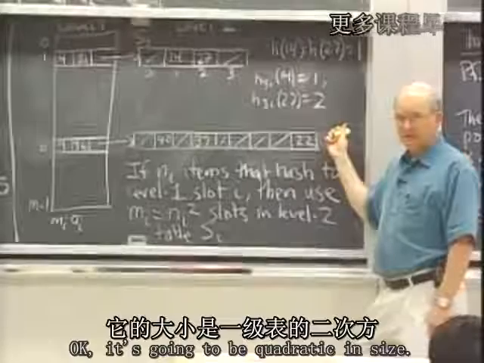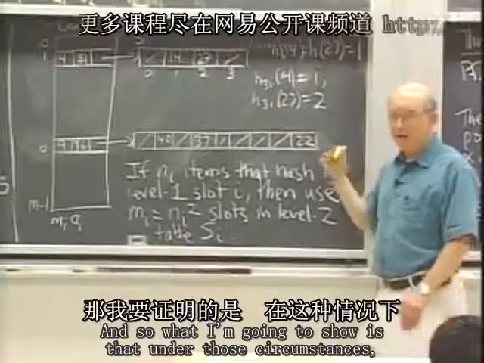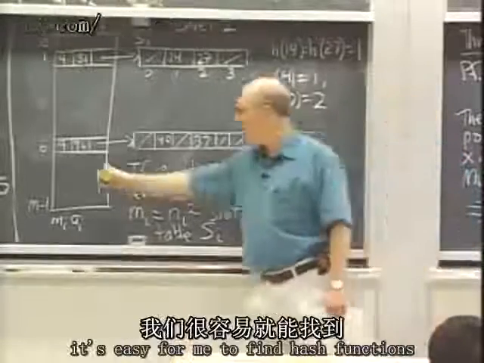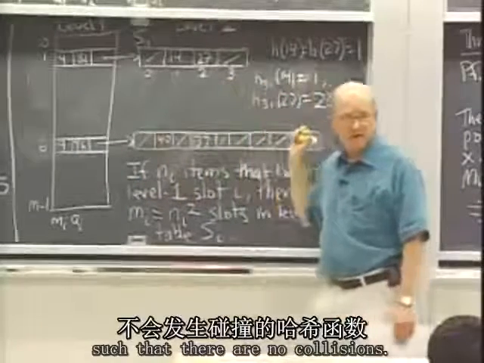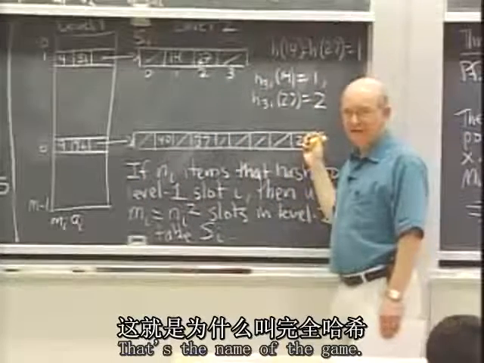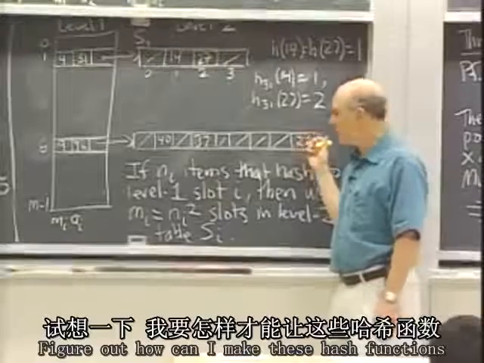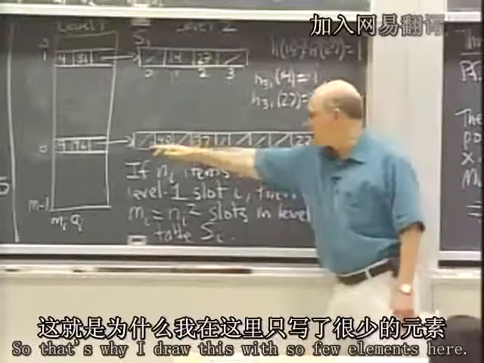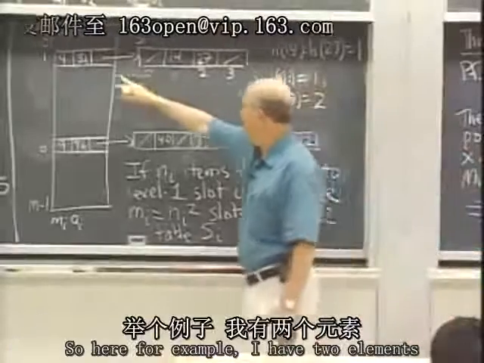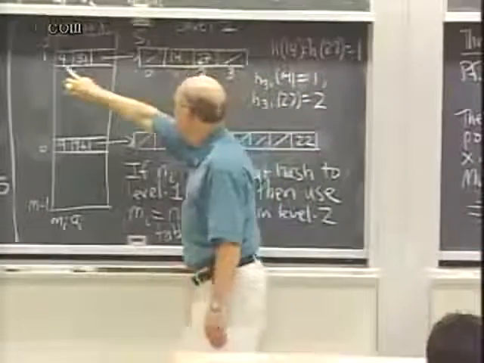Okay, and so what I'm going to show is that under those circumstances, it's easy for me to find hash functions such that there are no collisions. That's the name of the game, okay, is figure out how can I make these hash functions so that there are no collisions. So that's why I draw this with so few elements here. So here, for example, I have 2 elements, and I have a hash table of size 4.